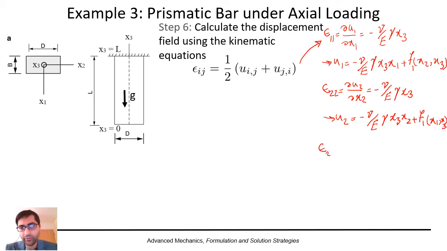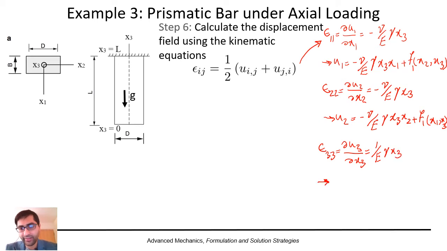For epsilon 3,3, it is partial u3 partial x3, which is equal to 1 divided by E gamma x3.